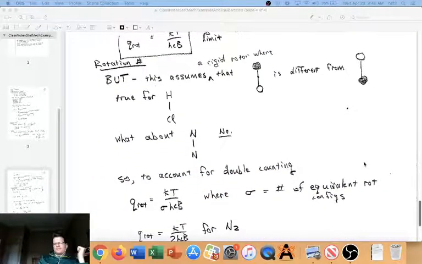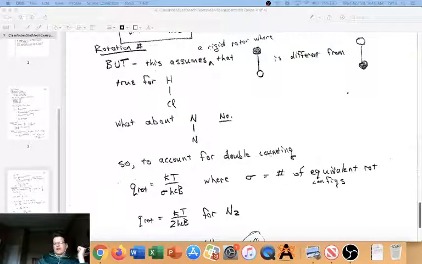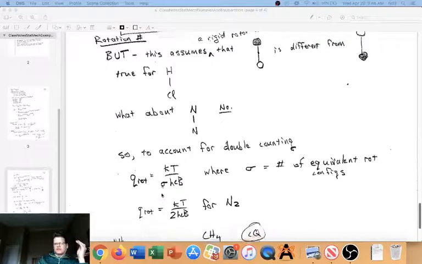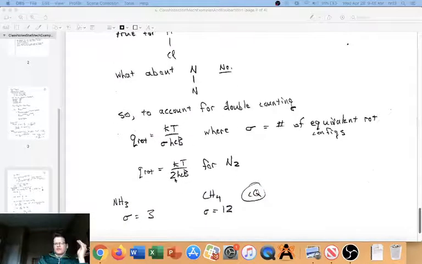But what about for nitrogen? Even if you have a triple bond in here, no, nitrogen and nitrogen are the same. So we have to account for that, double counting. We're counting these as two different states, but actually those are degenerate states if they're the same. So we have to put this degeneracy down here. That's the number of equivalent configurations. That's our sigma for rotation. So for nitrogen it would be 2.